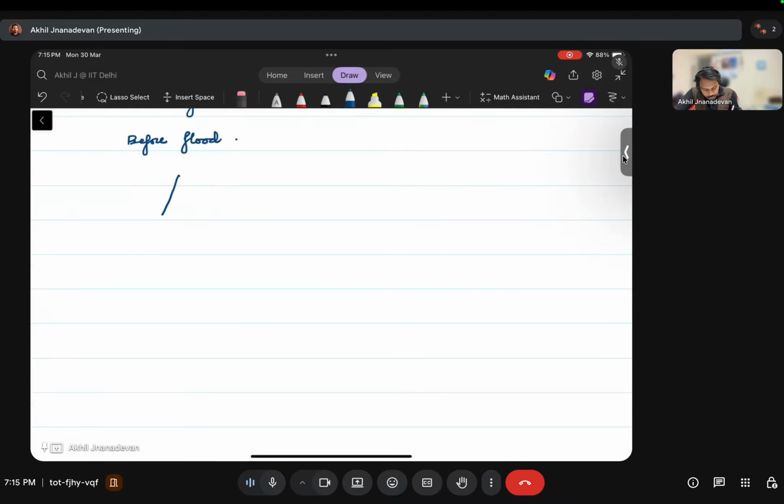So consider a prismatic channel. So we have this is our base, and this is our inflow, and this is our outflow. Since it's a prismatic channel, we'll be calling this particular storage a prism storage.